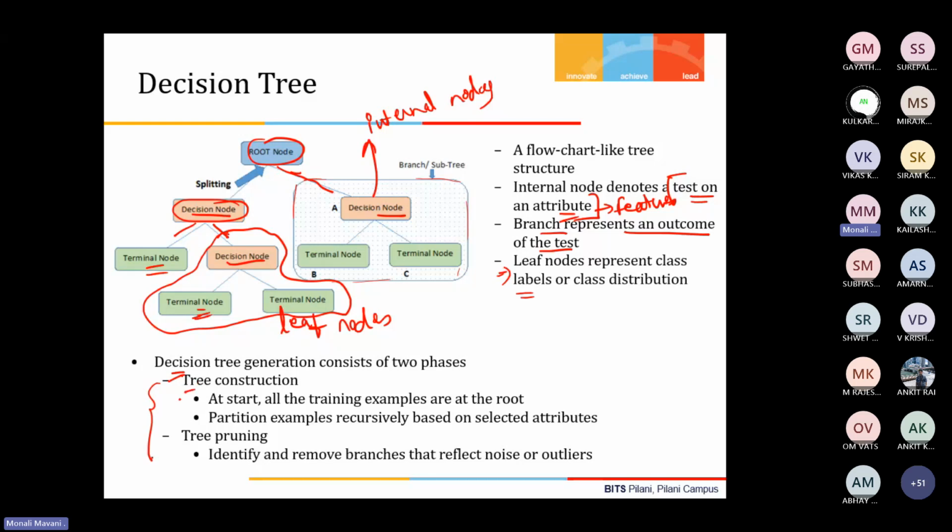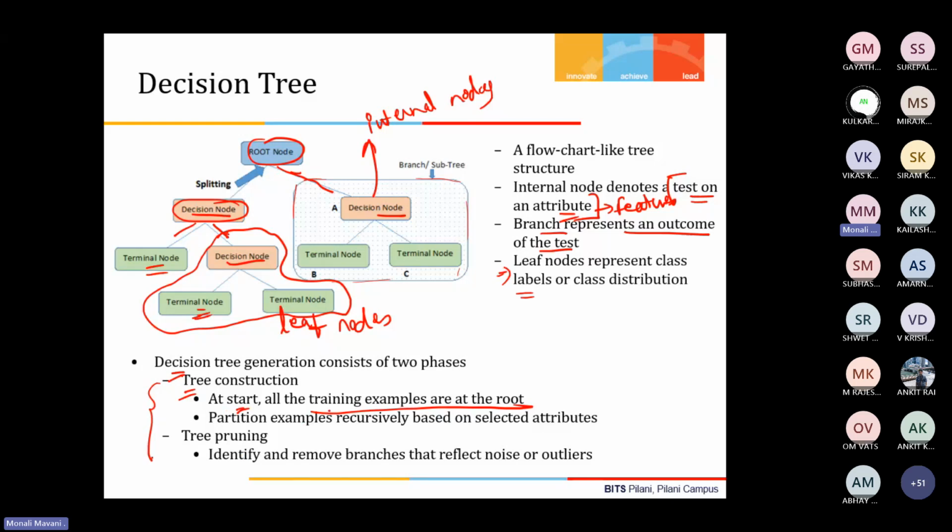First, we have to construct a decision tree from your training data set. At the start, all training examples are at the root. So we'll start recursively from the root. This is a recursive algorithm. At every node, the same process will be repeated. We start with the root node, and then the tree is grown downwards.